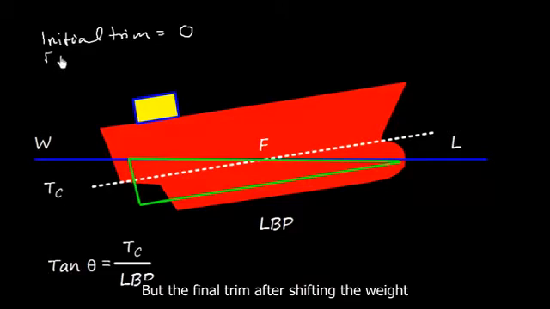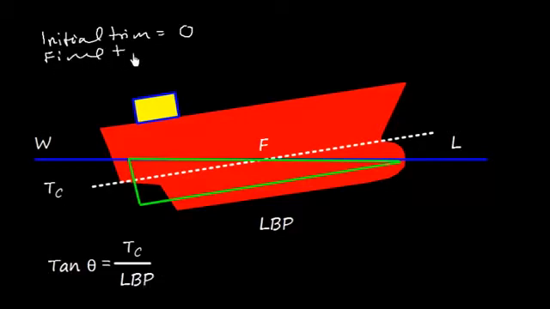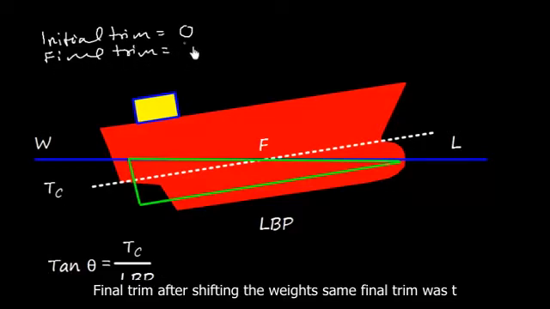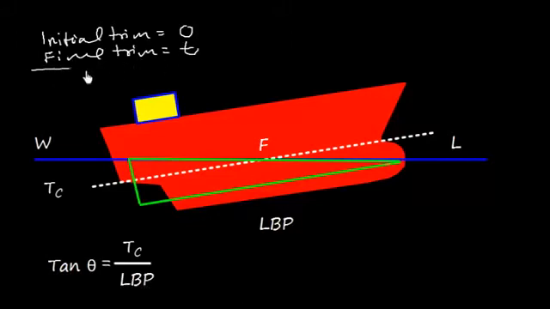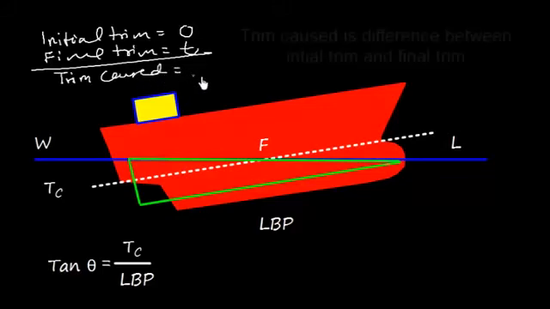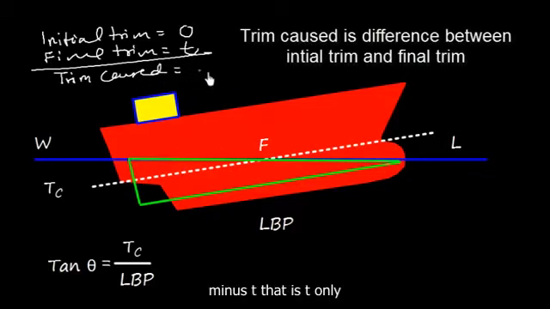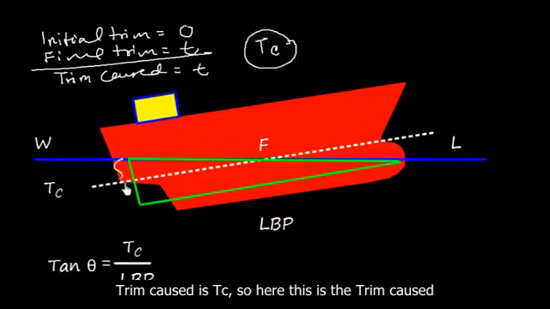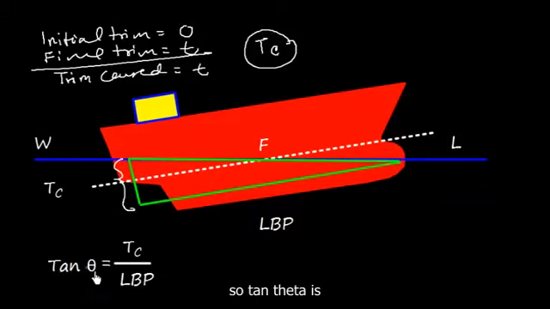But say the final trim after shifting the weight was T. So what is the total trim cost? Trim cost is 0 minus T, that is T only. I can write it like this: TC. So here this is the trim cost. So tan theta is TC divided by LBP, where this is the angle.